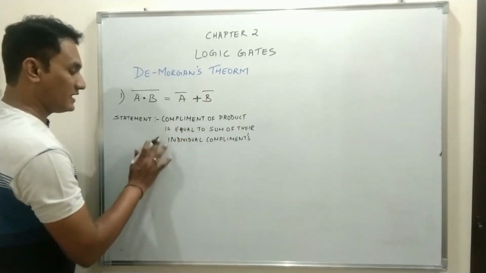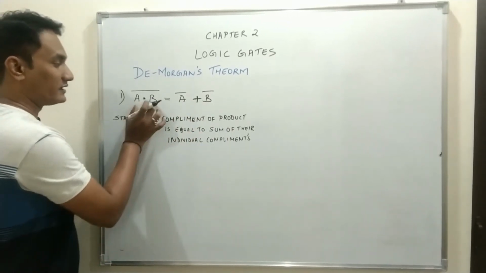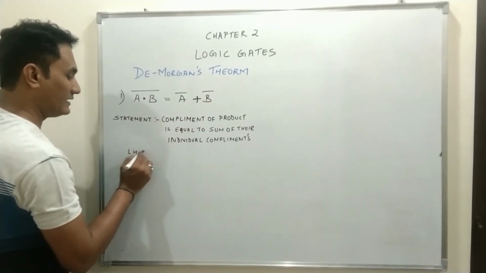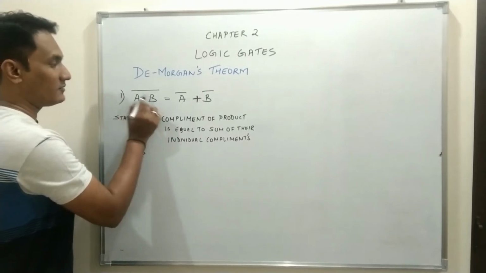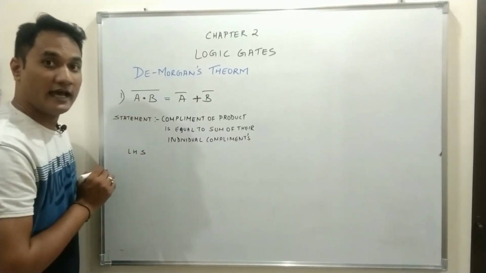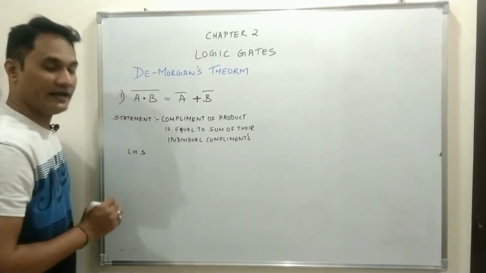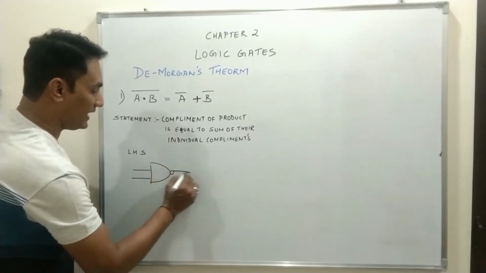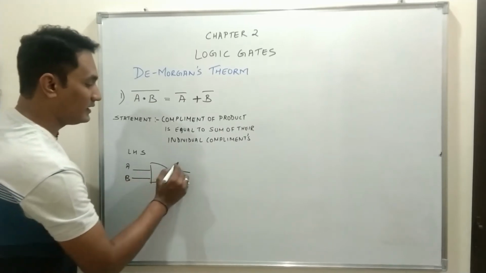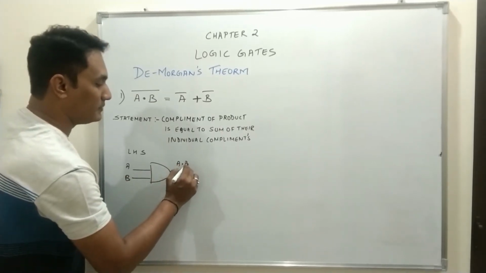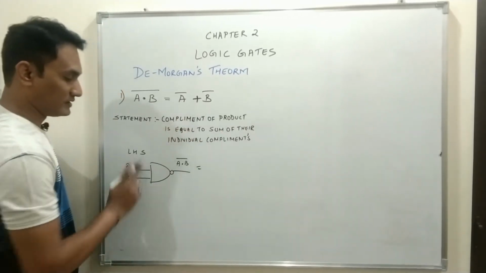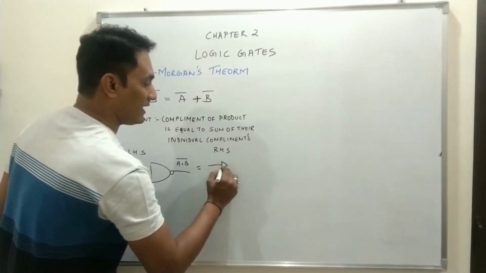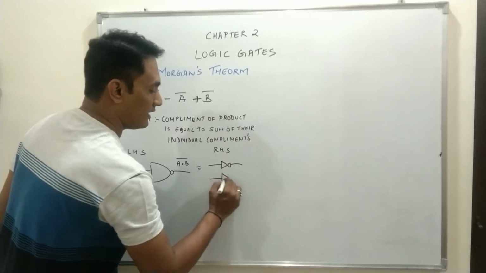The next step you have to do is draw the diagram, left hand side and right hand side. Left hand side is (A dot B) whole bar; the dot sign indicates AND operation. Complement will be NAND, so A and B are connected by a NAND gate. A dot B whole bar equals, this is the left hand side, and then the right hand side will be A bar and B bar.